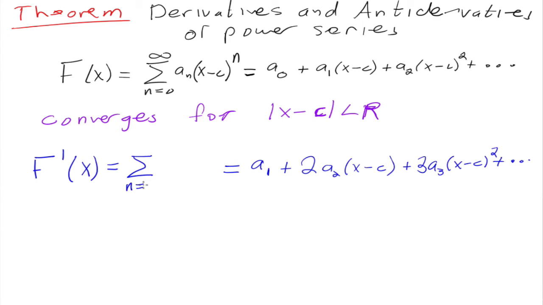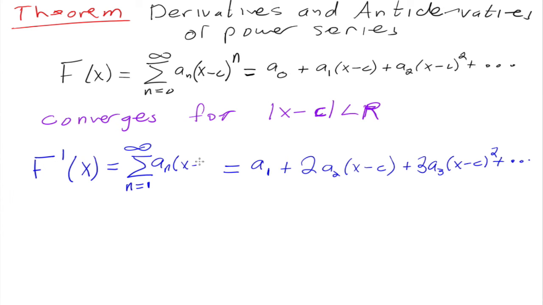So the sum, n equals, do I start at 0? Start at 1, because notice what happened to the 0th term. It dropped off. You can start at 0, but there's no point. So what do I have? a sub n times, what am I missing?